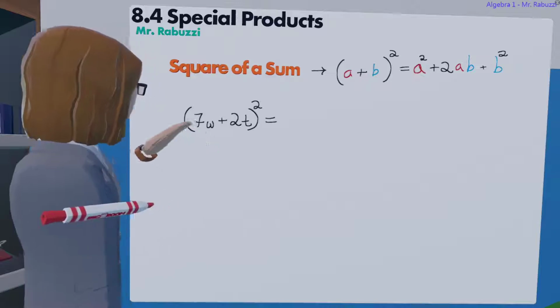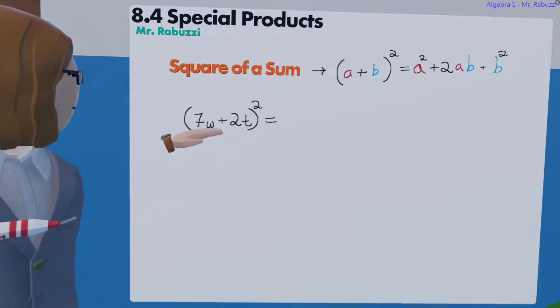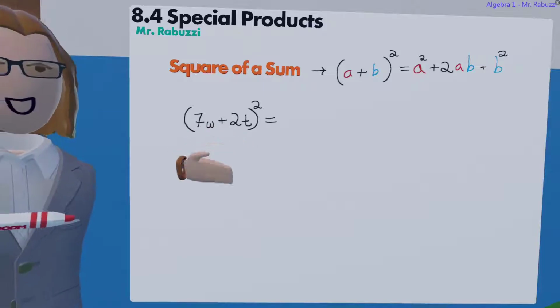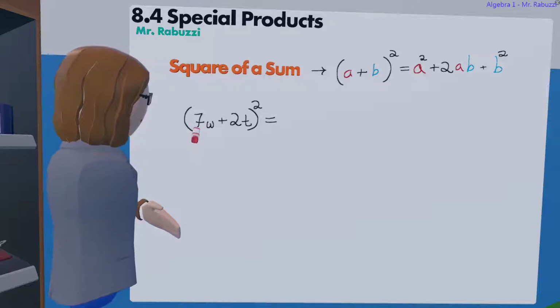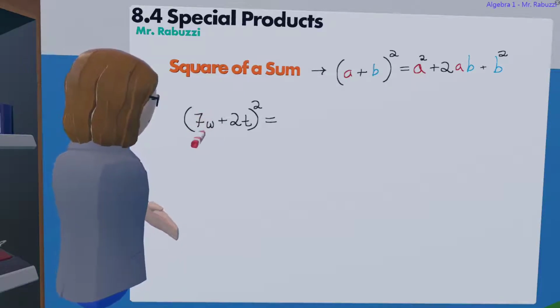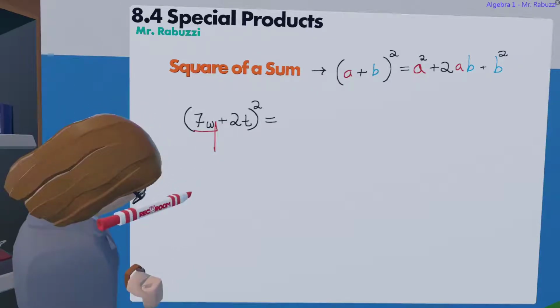I wrote down that we're going to square 7w plus 2t. The first coefficient and variable, and if it had an exponent, you keep that too. This is A.